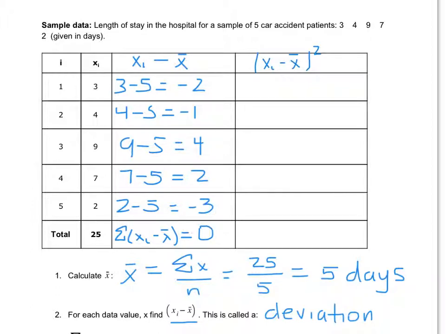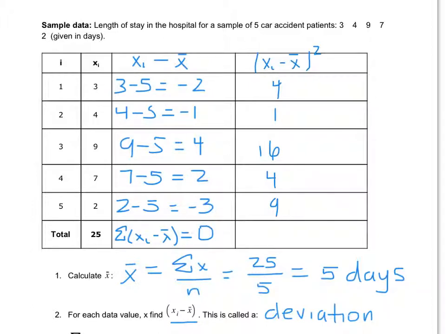If we take each of those deviations and square it, we get rid of the negative. Negative 2 squared is 4. Negative 1 squared is 1. 4 squared is 16. 2 squared is 4. Negative 3 squared is 9.